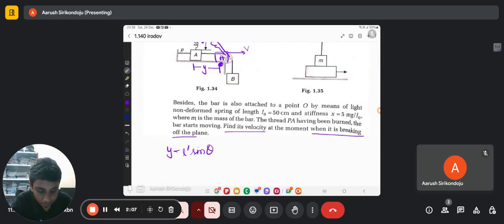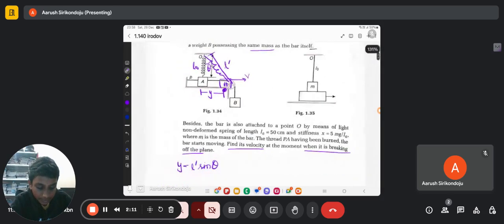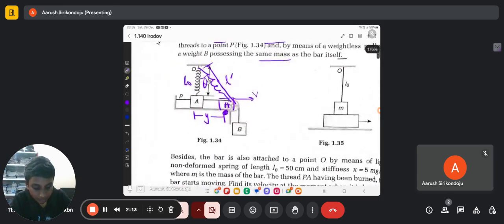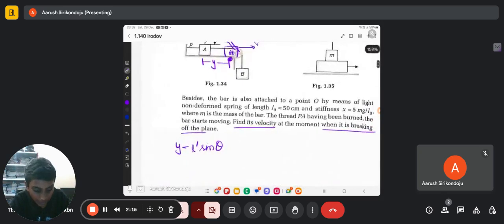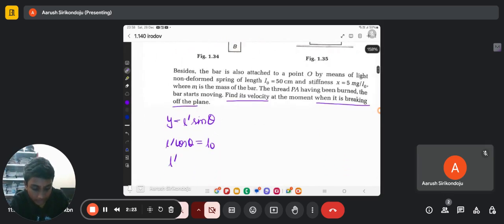Right? L dash sine theta. Now we know that L dash cos theta equals L naught, and hence L dash equals L naught by cos theta.